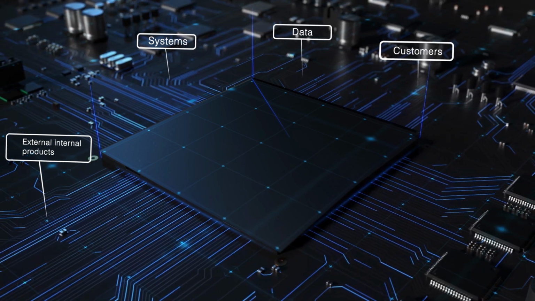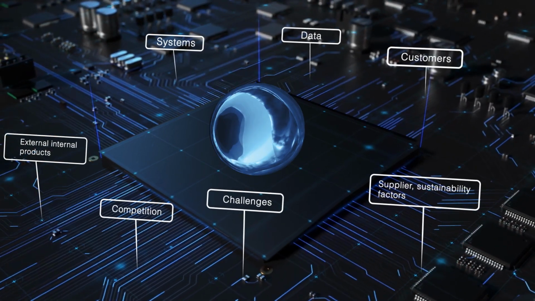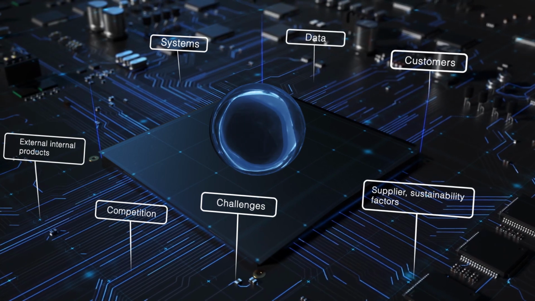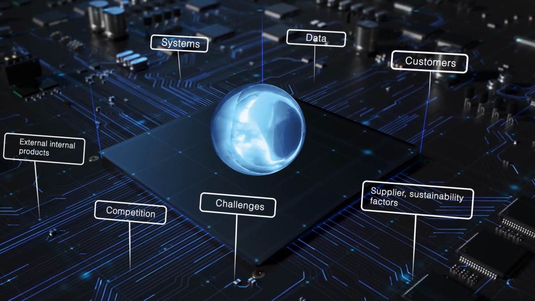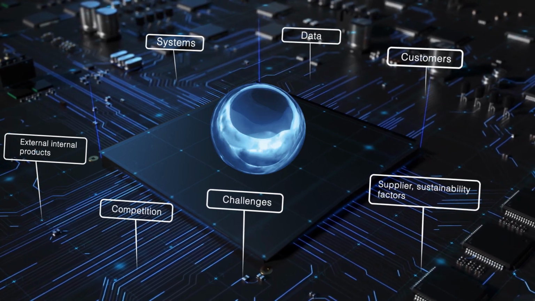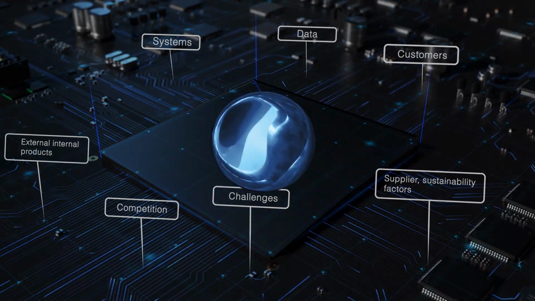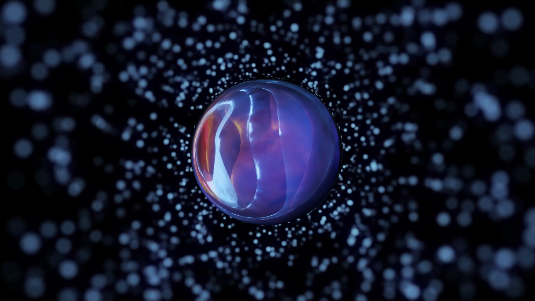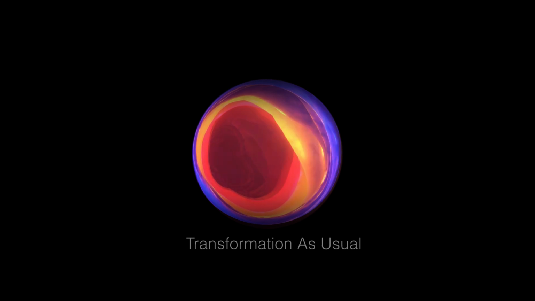The dependency on external and internal products, systems, data, customers, suppliers, sustainability factors, challenges, and competition all causes companies to transform. And what I've been doing is implementing a practice of transformation as usual.